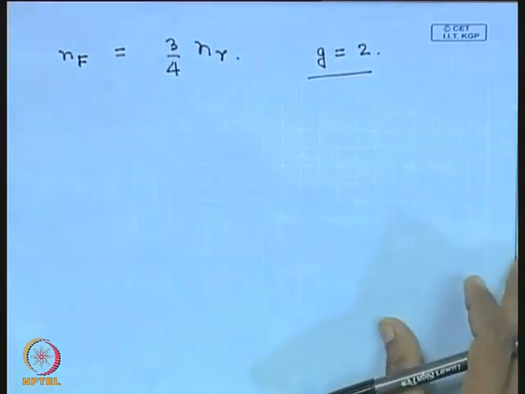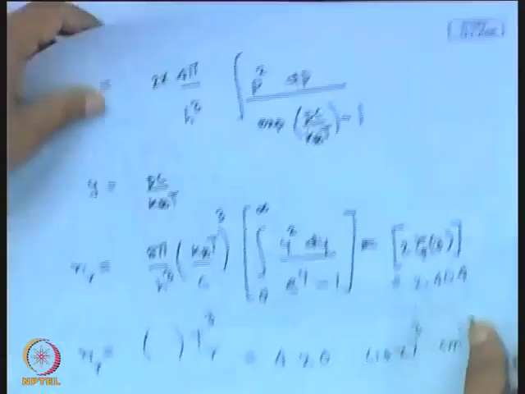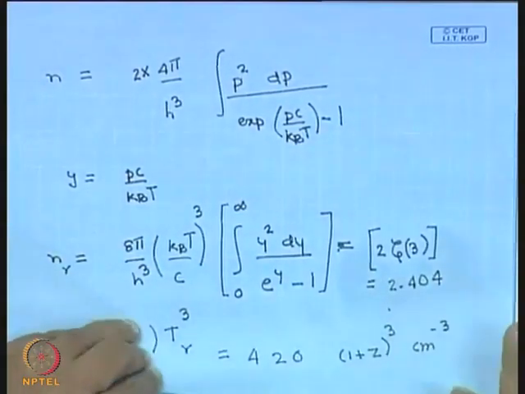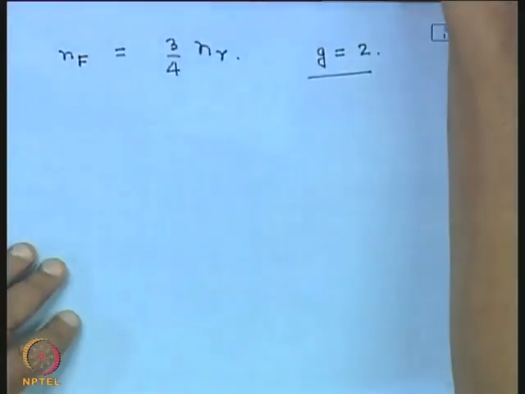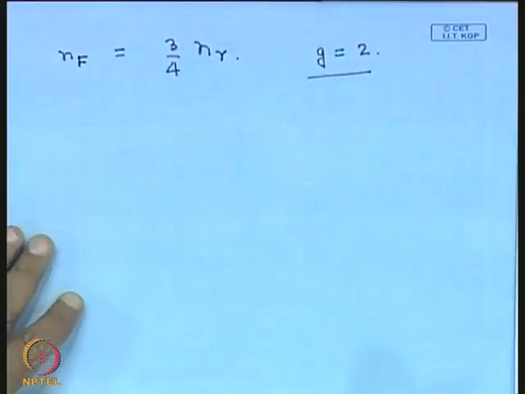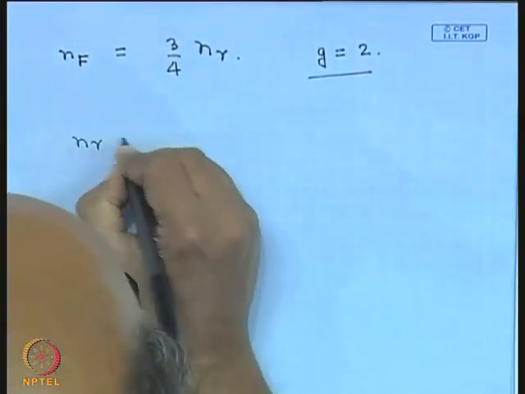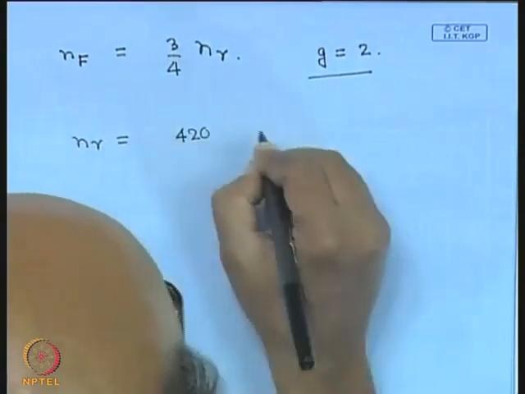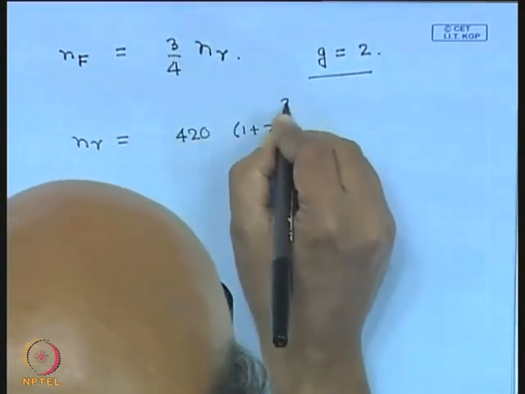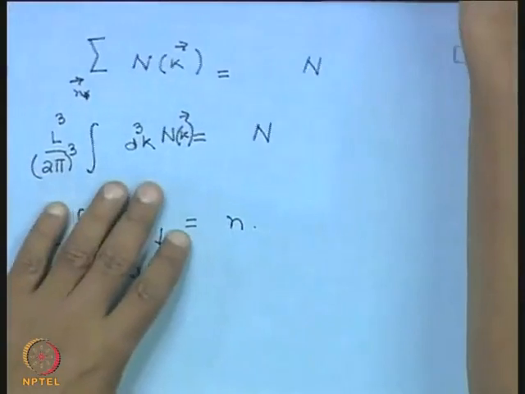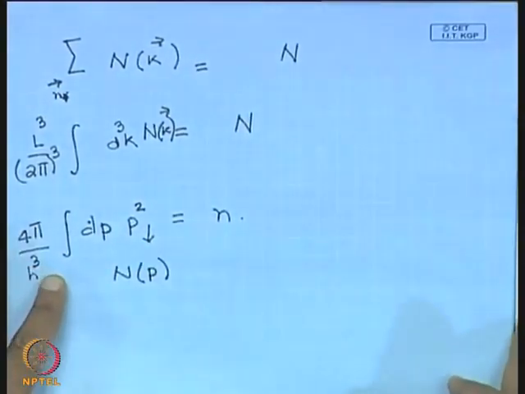Okay. So for fermions, all that you have to do is put a plus sign here and repeat the same thing. Fermions whose chemical potential is 0. So let me also put this here, and n gamma is equal to 420 particles (1 plus z) cube centimeter minus 3.